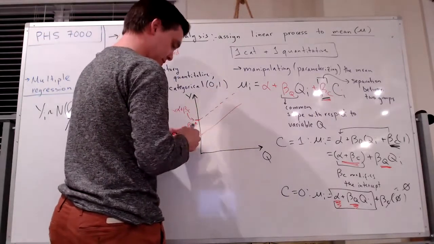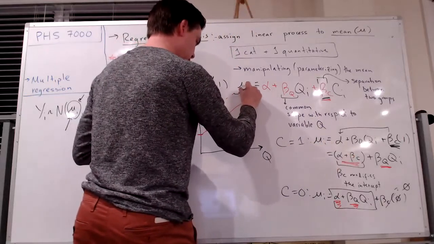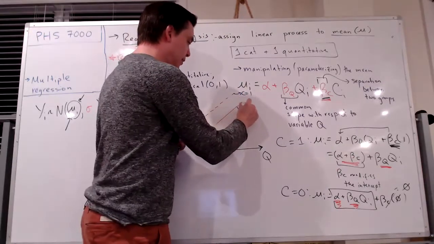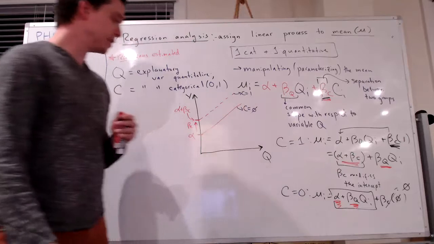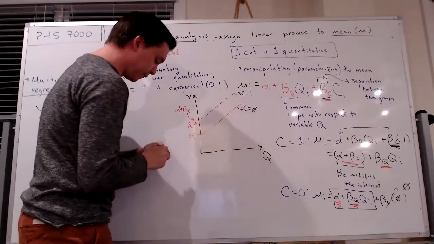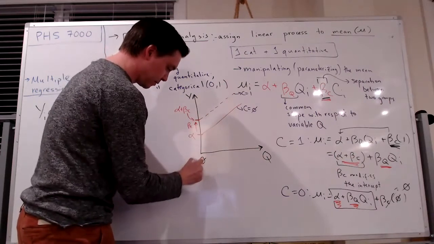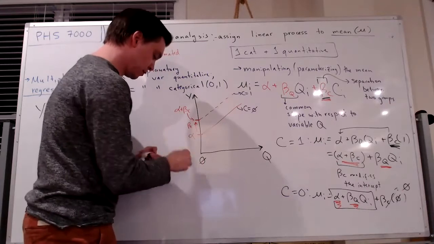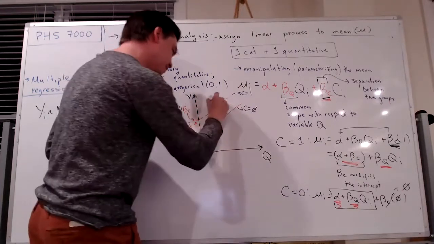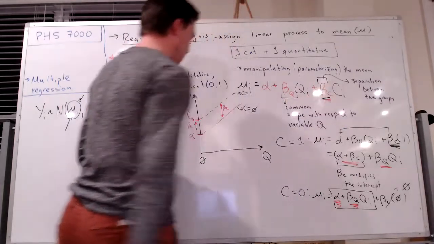The top is where my categorical variable is equal to 1. The bottom is where my categorical variable is equal to 0. And all along my values of my quantitative variable, the two regression lines will be separated by this coefficient.